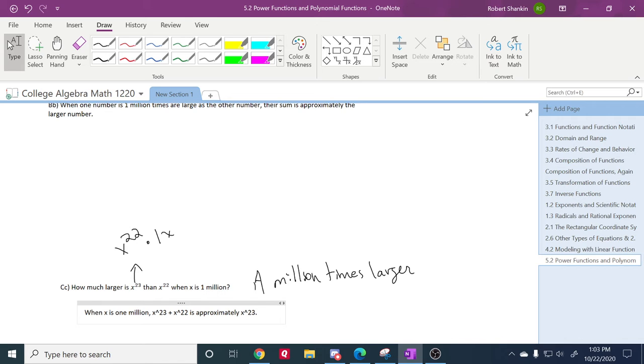You just take the bigger number. Because one is 1,000,000 times bigger than the other, so their sum is approximately the bigger one. Okay, it's an important concept to get.